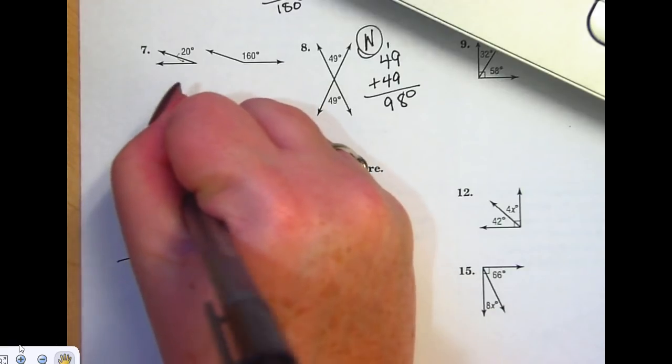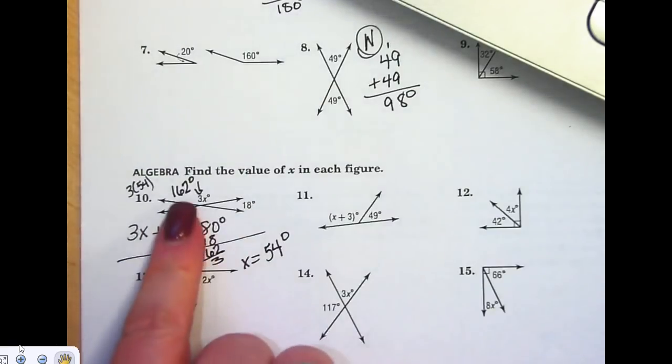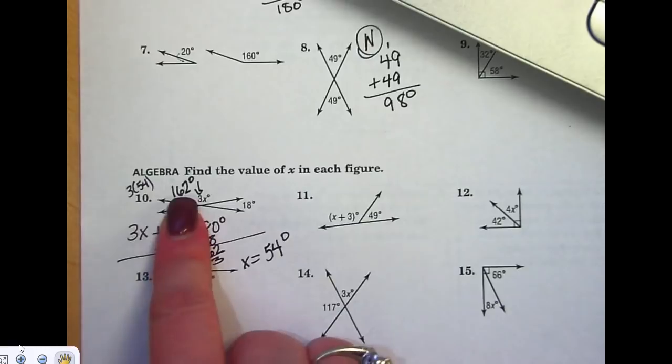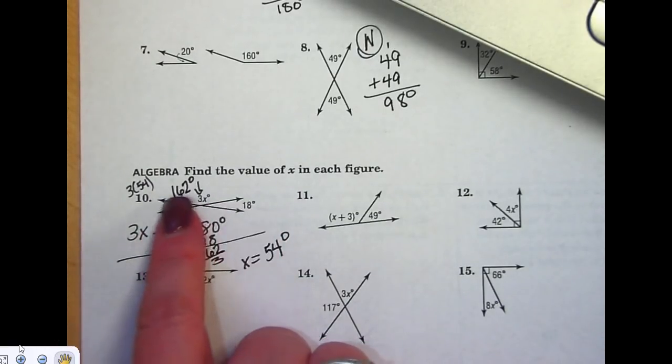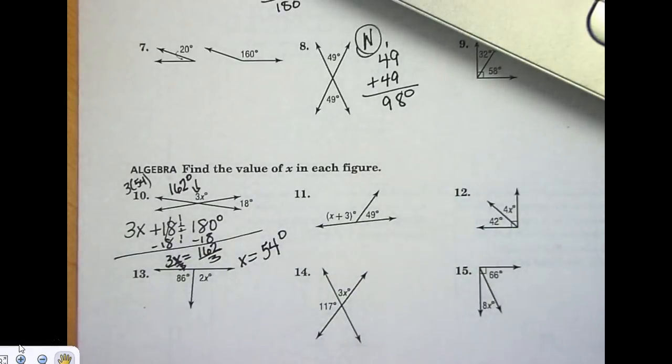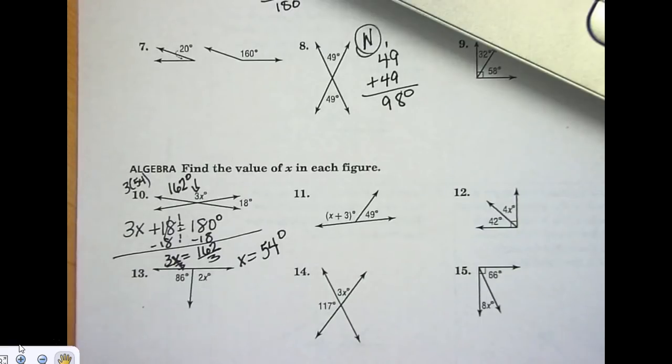So if it asked me the measure of that angle, that's 162 degrees. And that one is 18, because together they have to add up to 180. So be careful as you're working on these problems to make sure that you're answering what it is it's asking you for. All right? I'm going to let you give these a try.